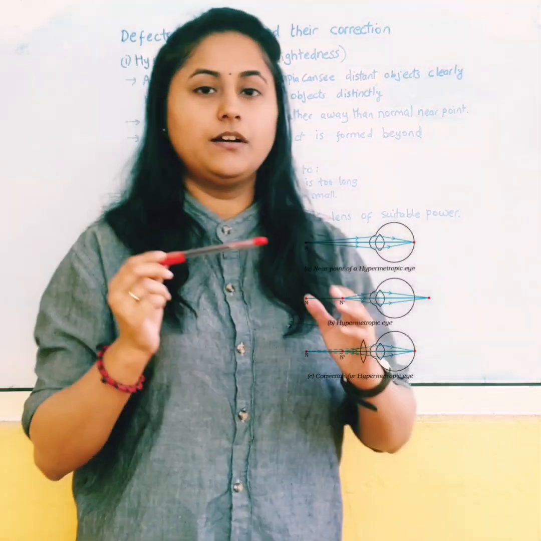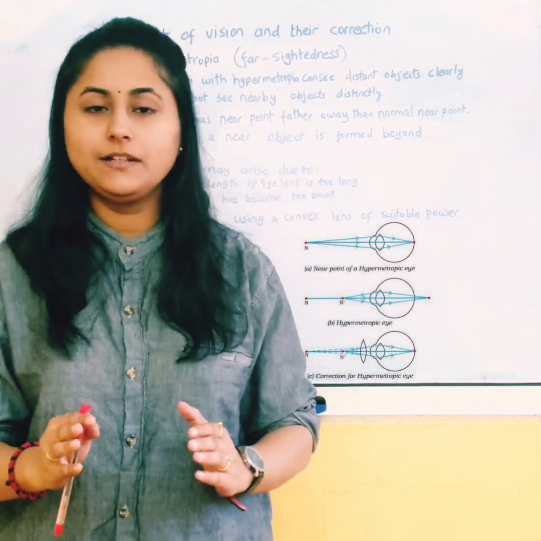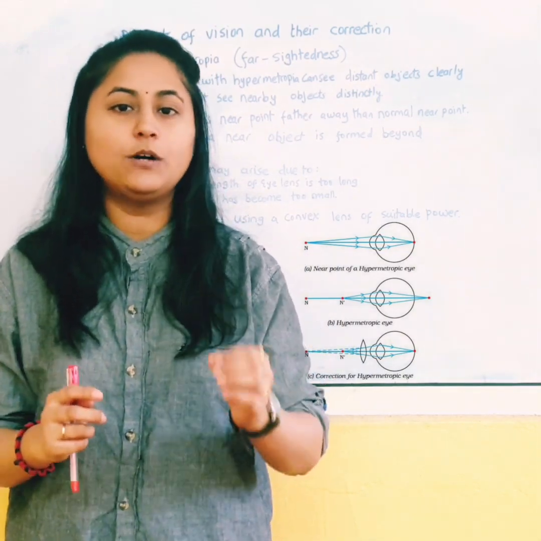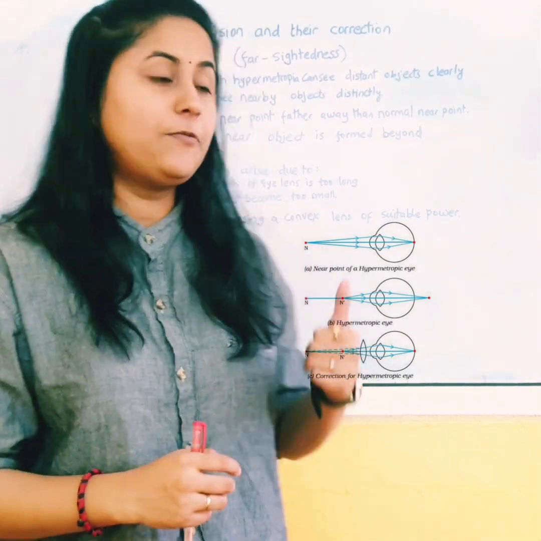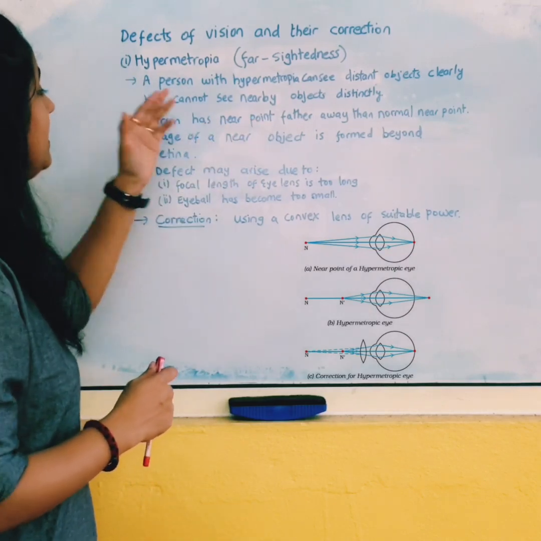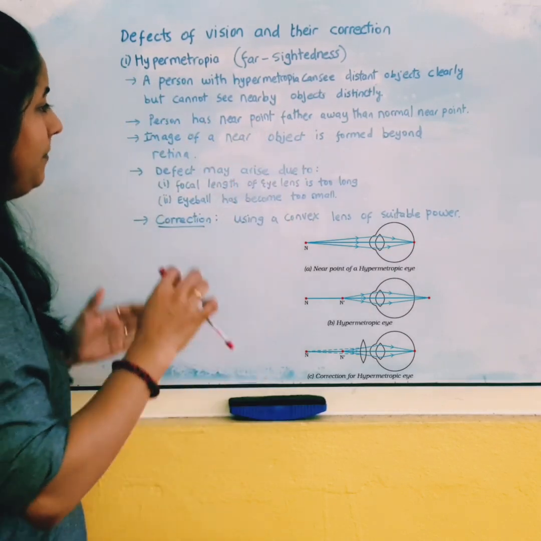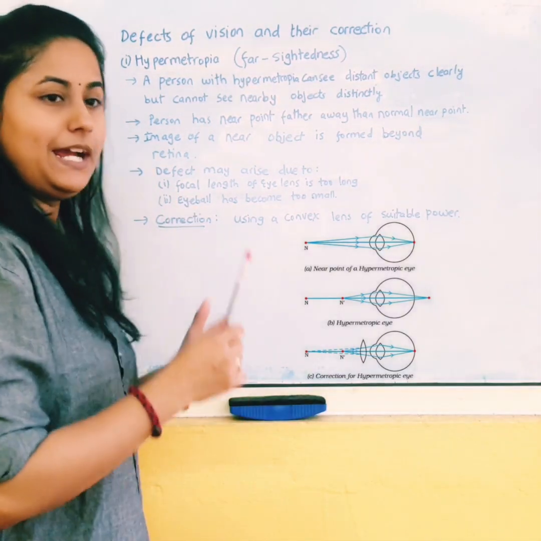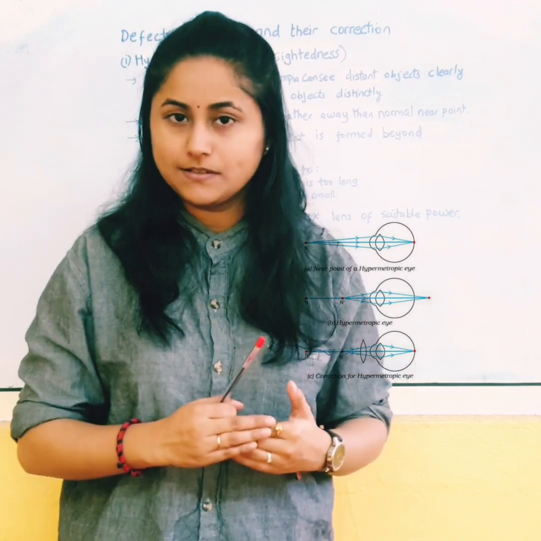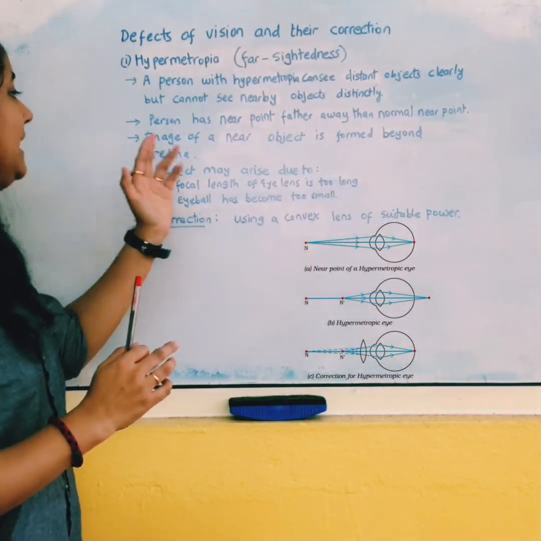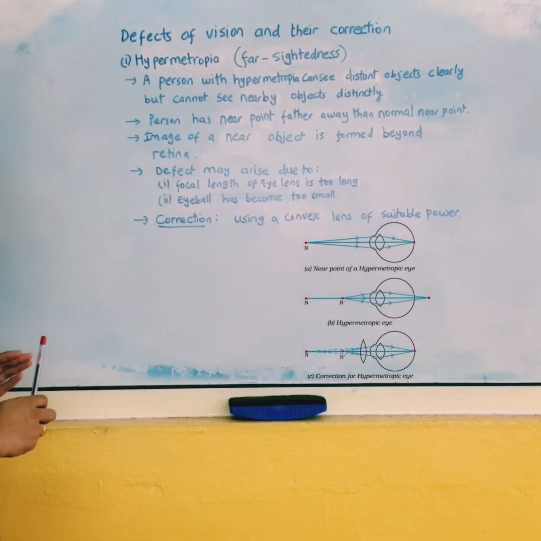For a normal human eye, the near point is about 25 centimeters, but for persons suffering from hypermetropia, the near point is further away. If the object is kept at about 25 centimeters distance, then the image will be formed beyond the retina, and it won't be formed at the retina.